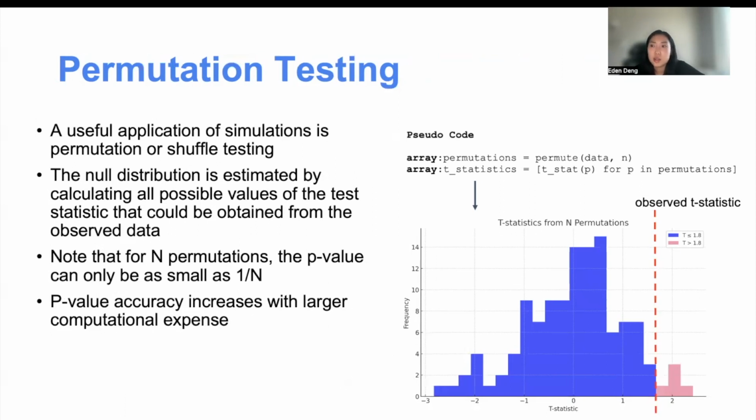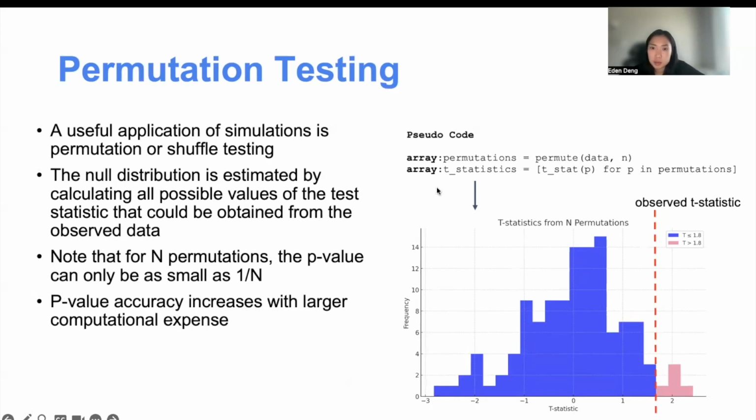And this is a way you can simulate the outcome distribution without needing to generate your own random draws. Instead, you take your observed data and just randomly shuffle it, and you use these shuffled data sets as your simulated draws, from which you can then compute the test statistic and estimate the null distribution as we've done before.